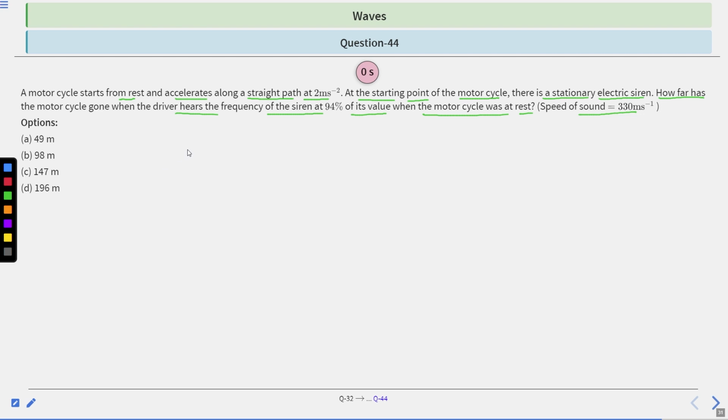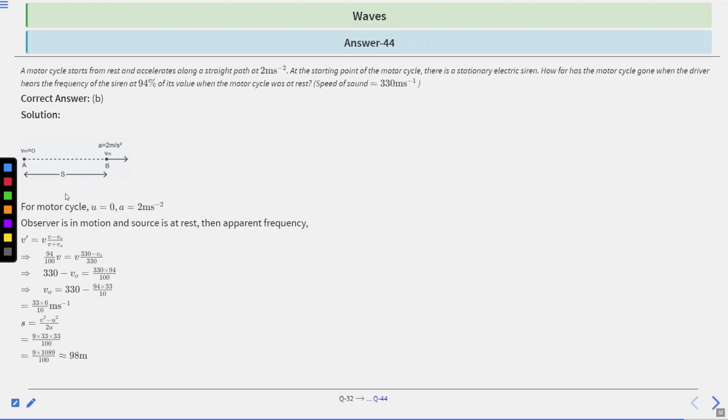Let's find a solution. For the motorcycle, u equal to 0 and a equal to 2 meter per second squared, as shown in this figure. The observer is in motion and the source is at rest. Then the apparent frequency v prime, using the formula, is v multiplied by v minus v naught divided by v plus vs. Putting in all given terms, 94 divided by 100 v is equal to v, 330 minus v naught divided by 330.